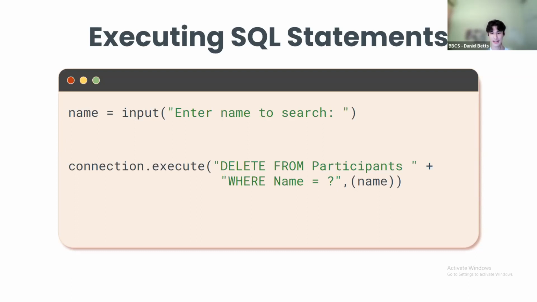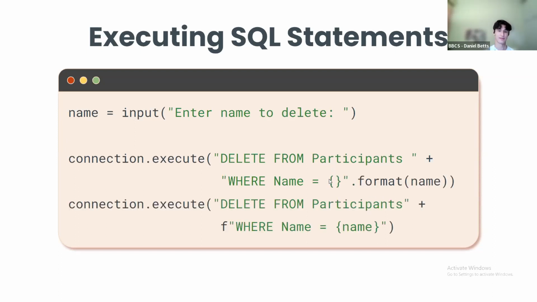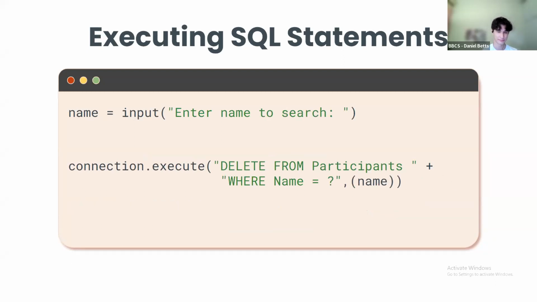You put a comma outside the string, and you put a tuple with the variable you want to change inside. So here, like question mark, comma, bracket name. So this just tells the function to substitute name inside the string. So just a couple of useful functions for us for parameter substitutions with the SQL functions.